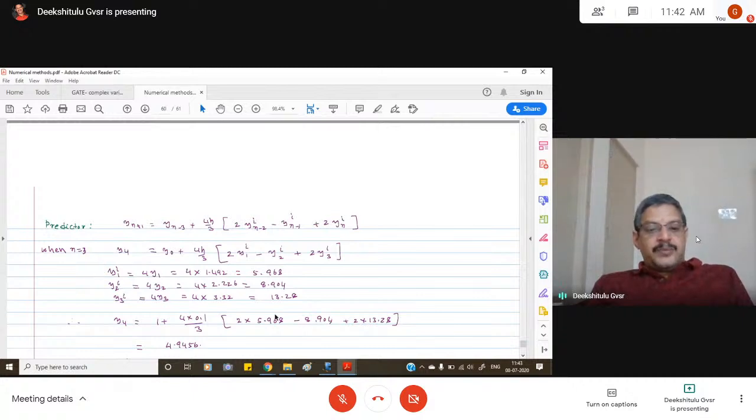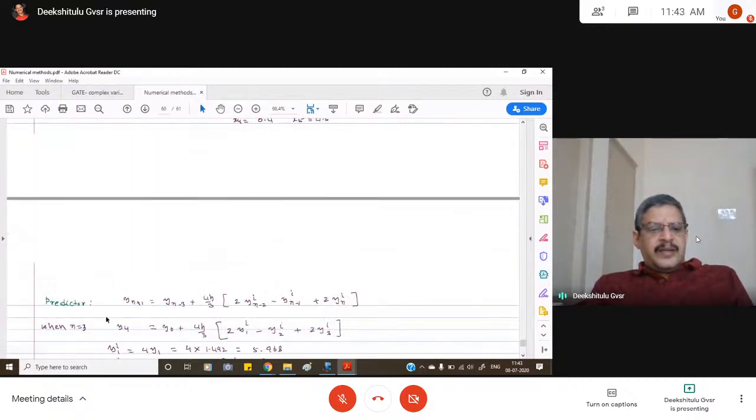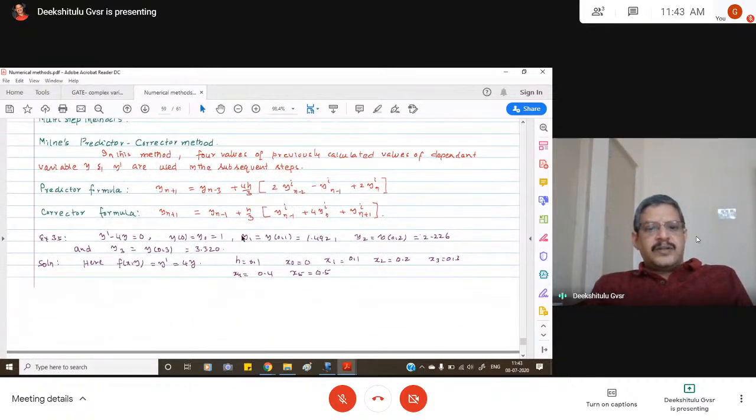So if you substitute all these expressions here, y4 becomes y(n-3), which is given in the problem. When n is 3, that is y0. What is y0? Given, 1.